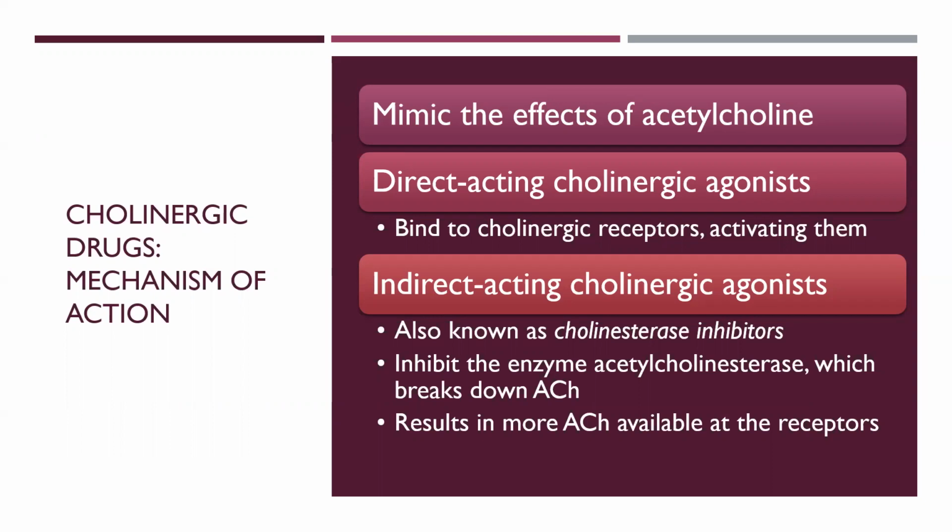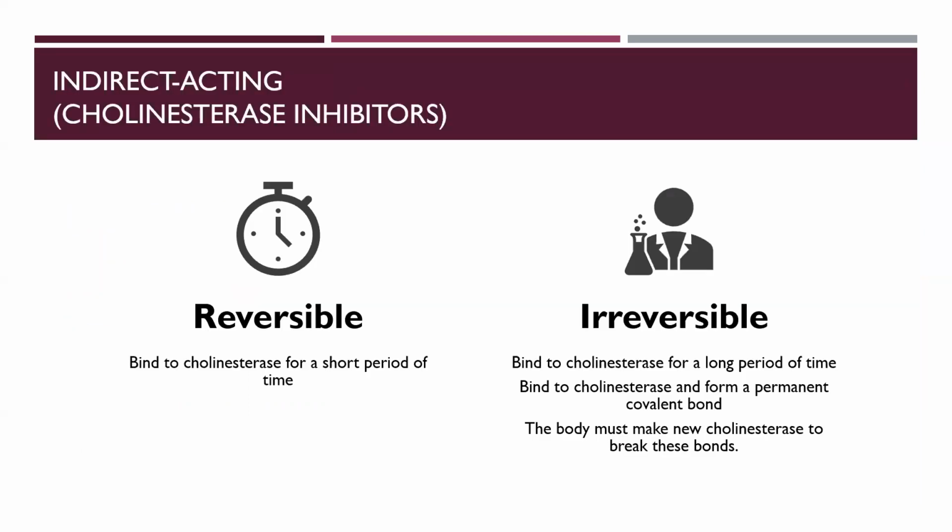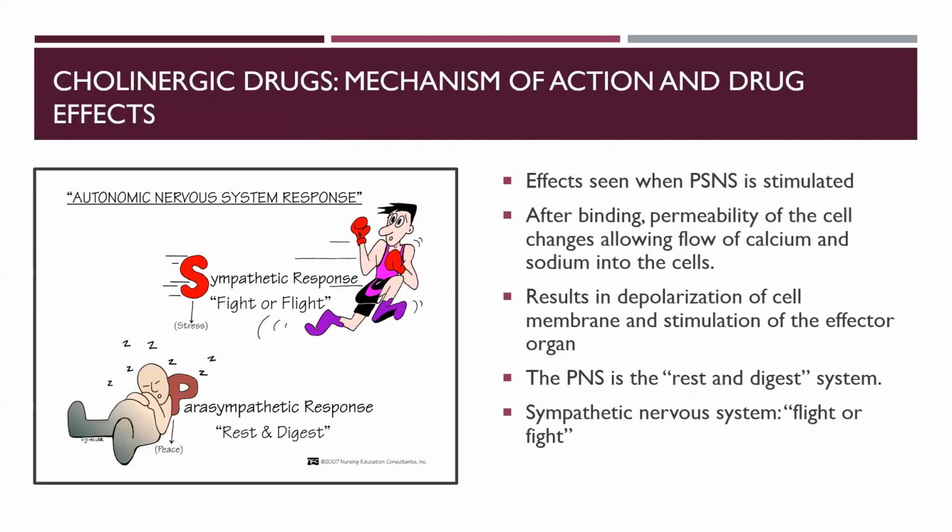So you can either have it directly affecting the receptors or indirectly affecting the receptors. Interaction can be reversible, where they bind to the cholinesterase for a small period of time. Irreversible, they'll bind for a long period of time to form a permanent covalent bond, and the body must make new cholinesterase to break these bonds.